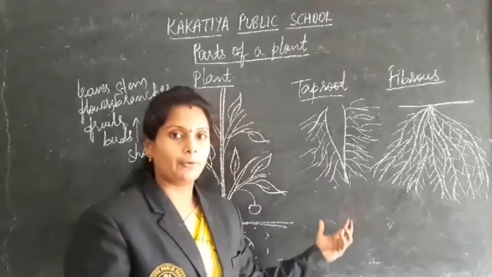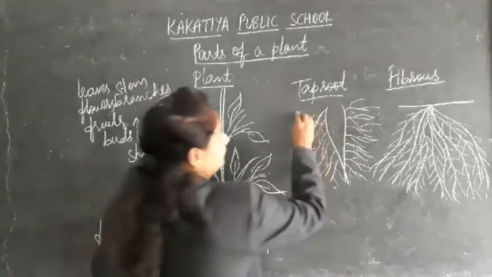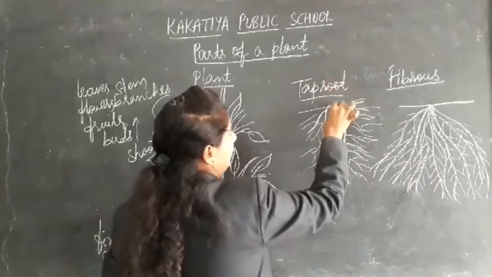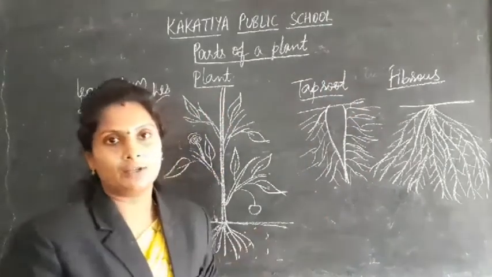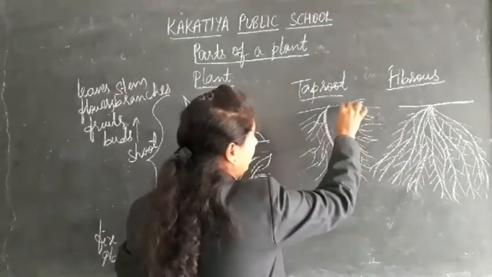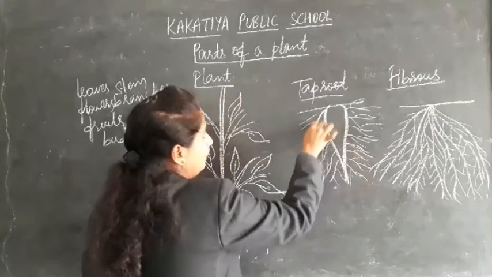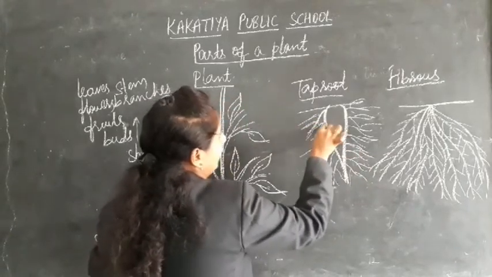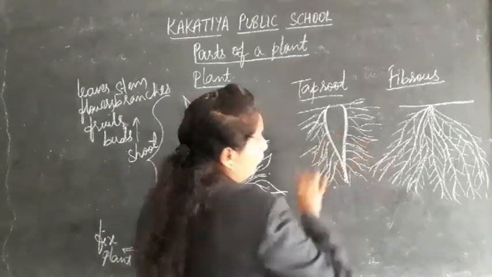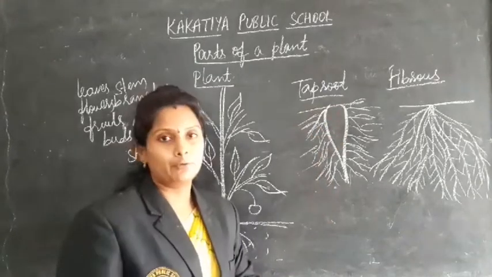In the case of a tap root, how is the root designed? From the lower end of the stem starts the root. We have one main root, or a mother root, as we say. From that main root we have some lateral roots, small roots. That type of system we call a taproot system.